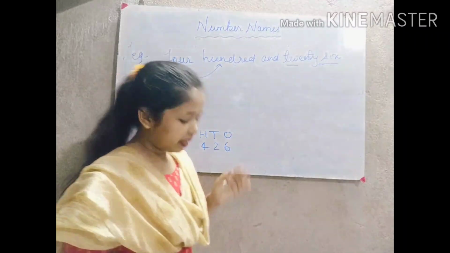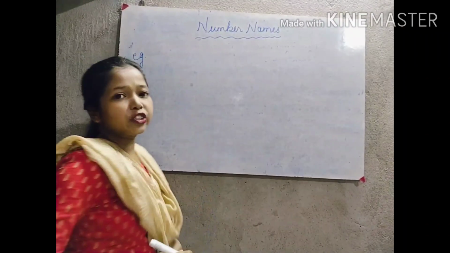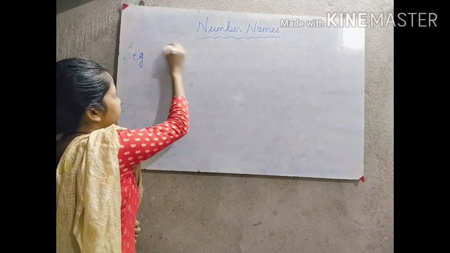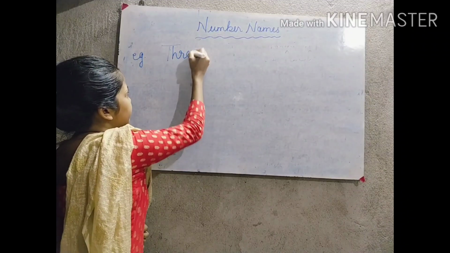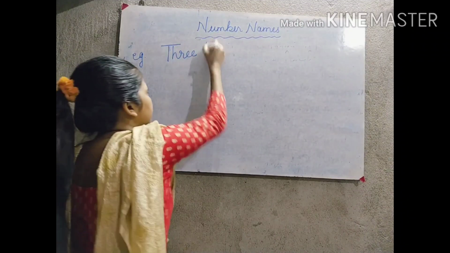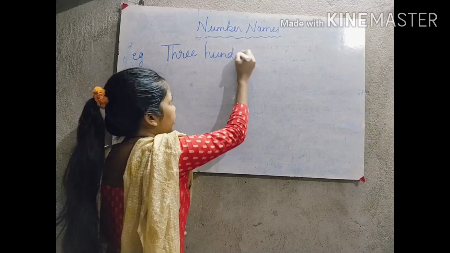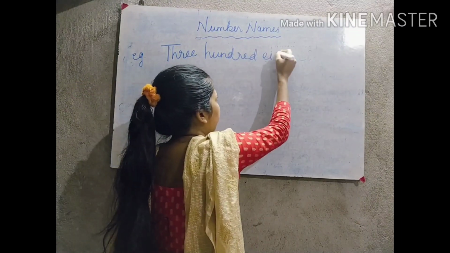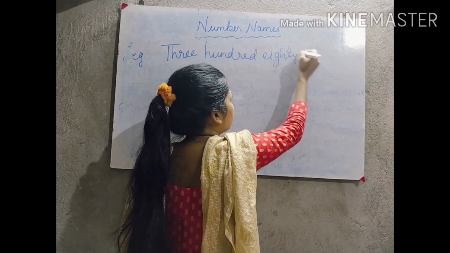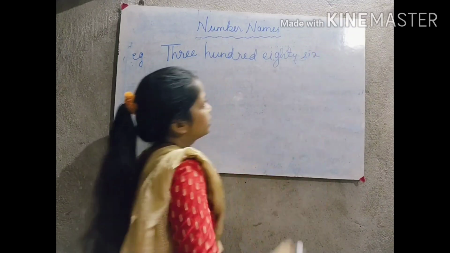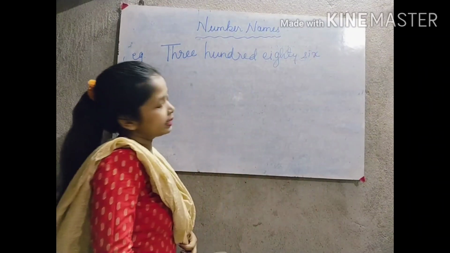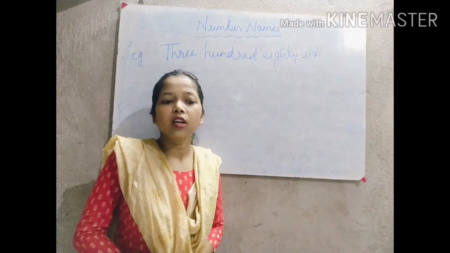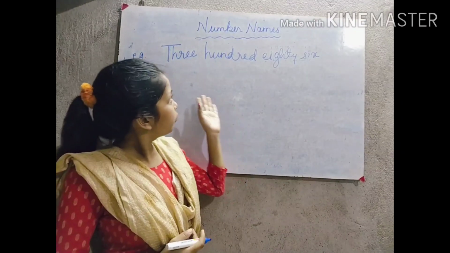Now children, let's take one more example, 386. Look at the board. Here is the example. First we will see what we will write here.